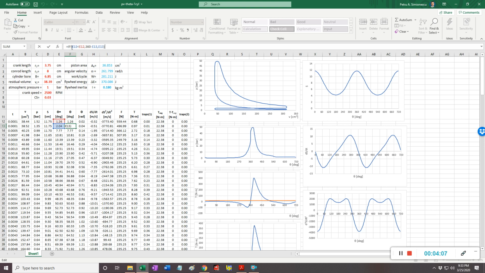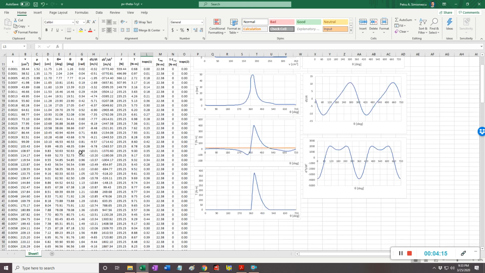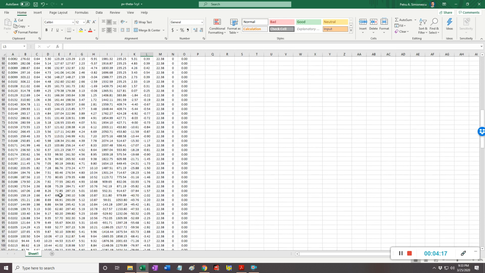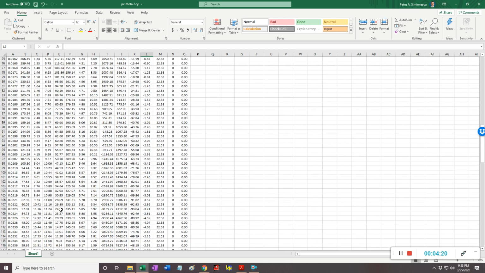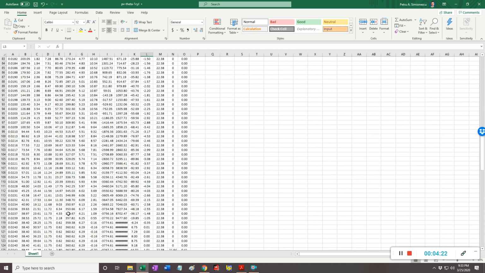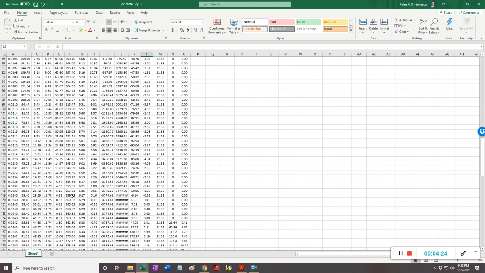But if the next value is less than the previous value, that value gets subtracted from 360, and this is going to work up to the second 180, that is, up to 360. So this is the last one that it works.